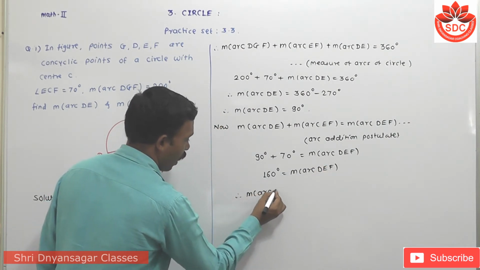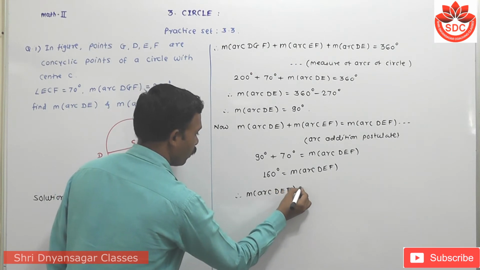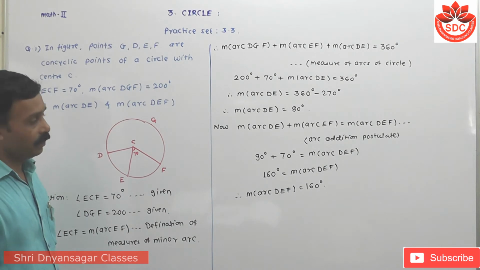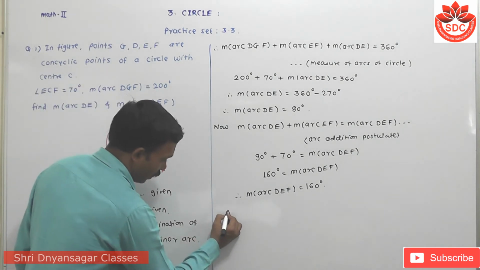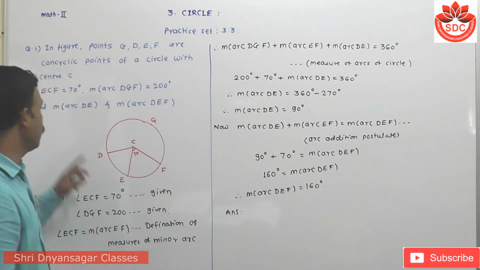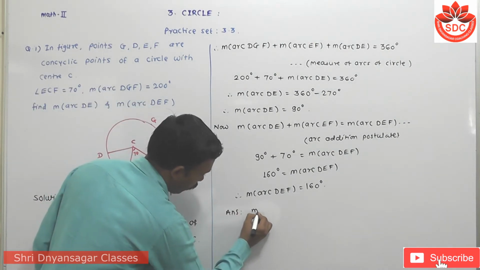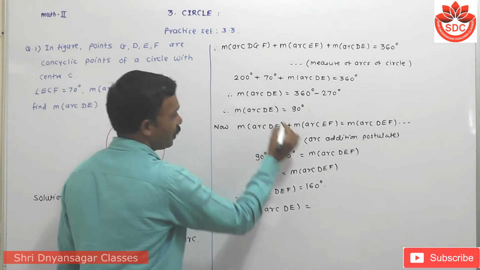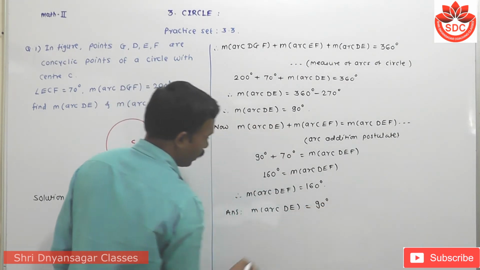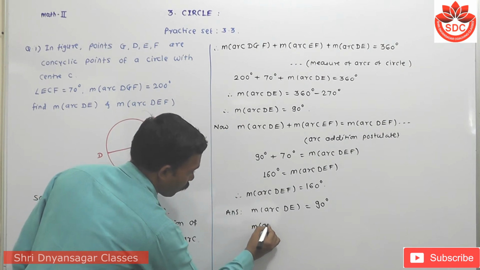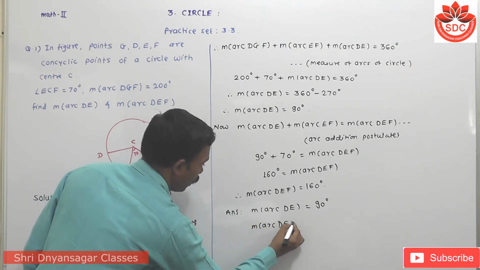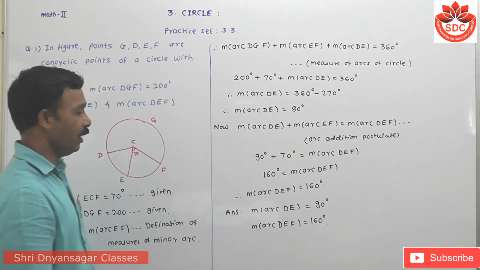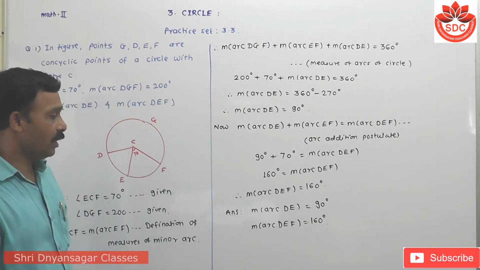Therefore, measure of arc DEF is equal to how many degrees? 160 degrees. The answer in a full sentence: first one is measure of arc DE is equal to 90 degrees. And second one is measure of arc DEF is equal to 160 degrees. Can you understand this?